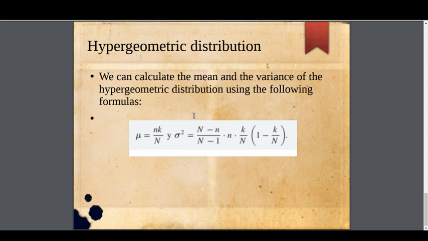However, this is all about the hypergeometric distribution.